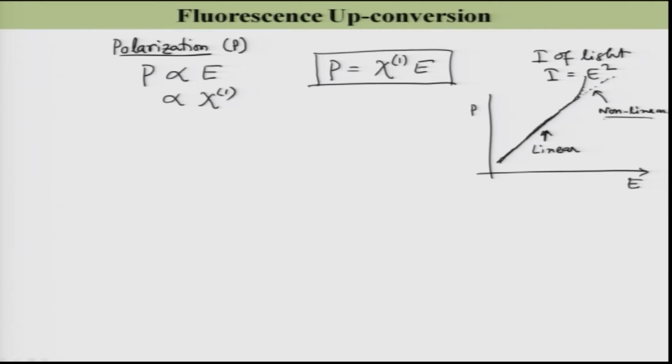So, this non-linearity of the polarization was explained by this equation, P is equal to chi 1 E plus chi 2 E square plus chi 3 E cube, and so on.